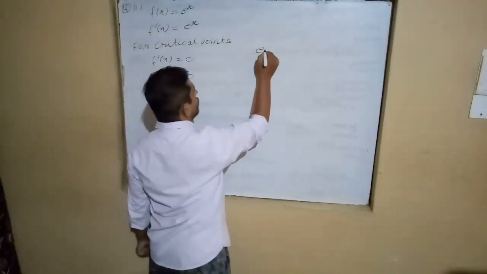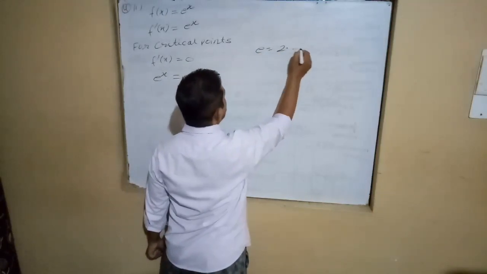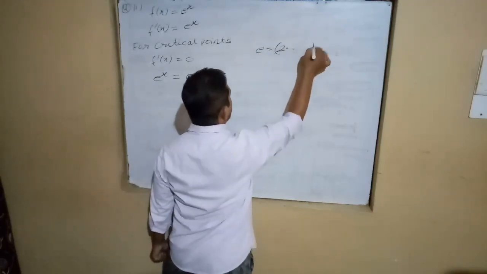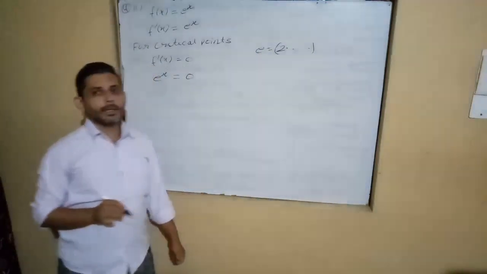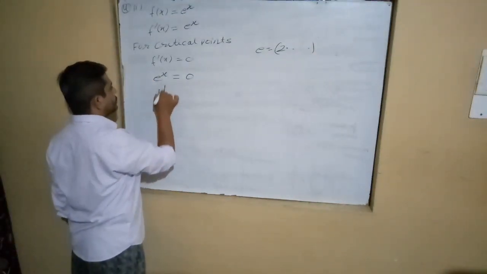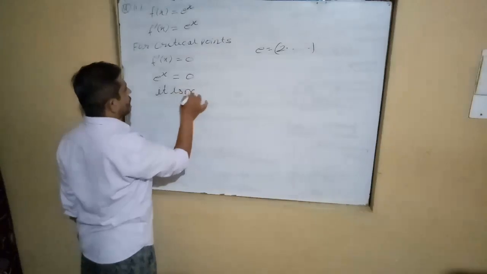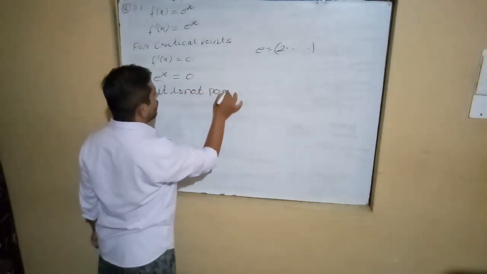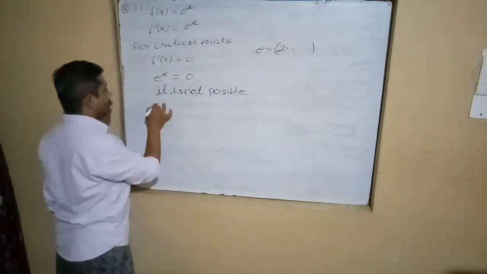e is equal to the value of 2 point something, and whatever power you put on it, will the value ever be 0? It will never come. Okay? So we write here it is not possible.